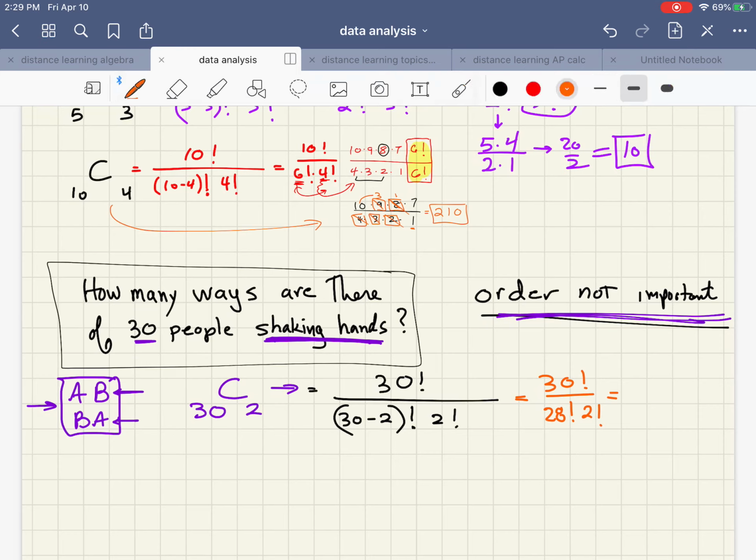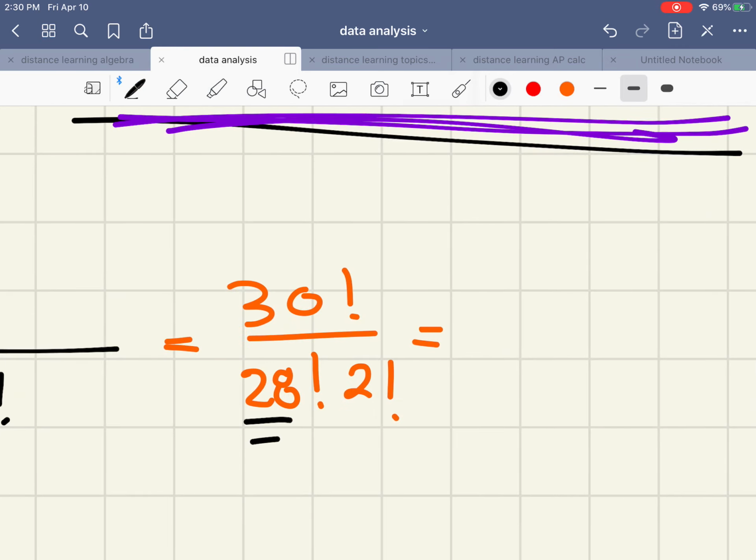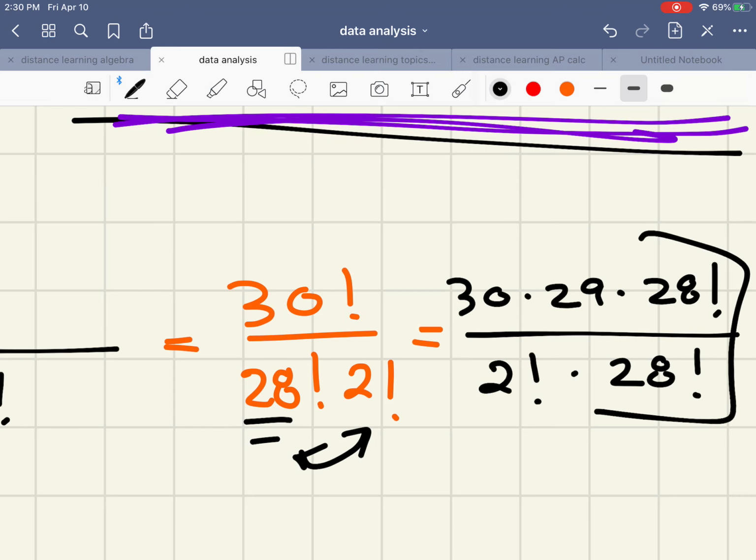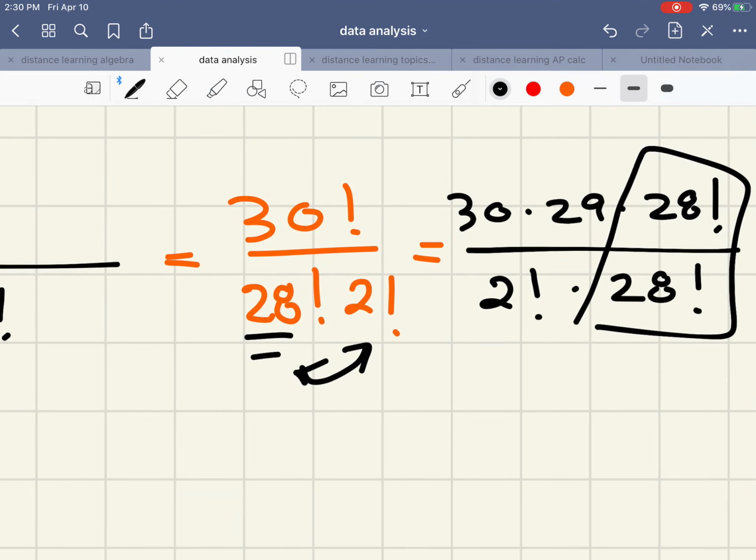Hopefully you understand my little trick here of lining up the things that will cancel. I can cancel the 2, or I can cancel the 28 factorial. I will always go for the larger. So it's really 30 times 29 times 28 factorial over 2 factorial times 28 factorial.